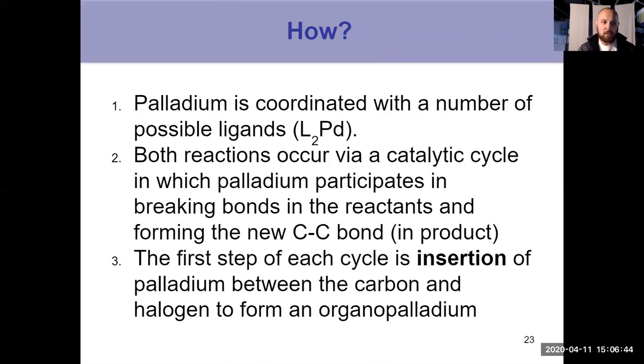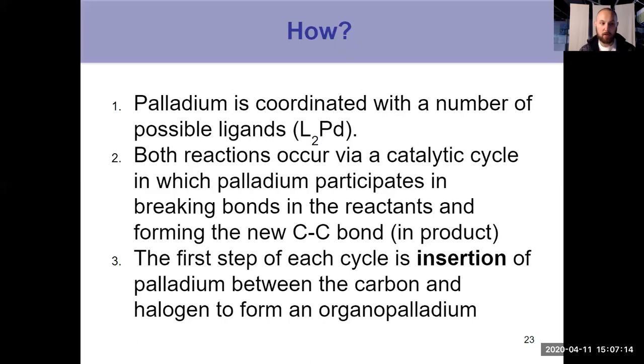Both Suzuki and Heck undergo a catalytic cycle, where palladium both helps break bonds in the reactants and form new bonds in the final product. That's that new carbon-carbon bond. And the first step in both of them, the Suzuki and the Heck reaction, after we've generated the catalyst, is insertion of palladium between carbon and the halogen in the aryl or vinylic halide that we've started with.